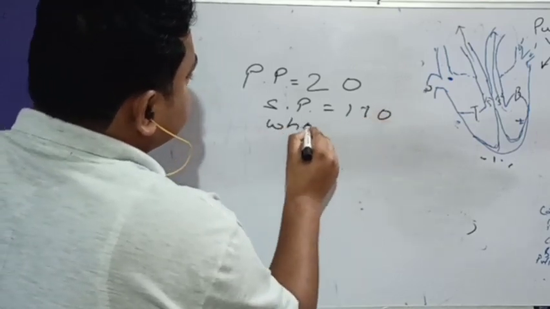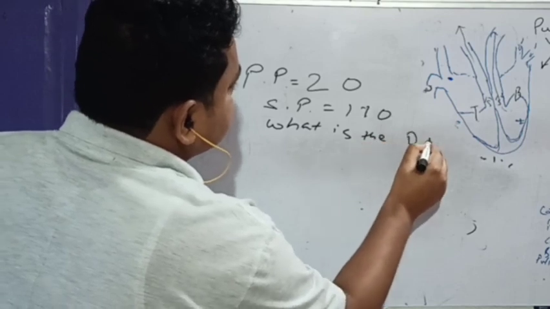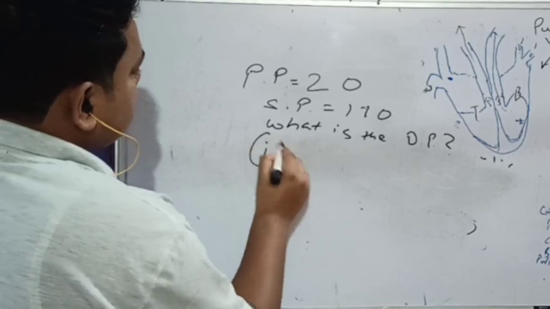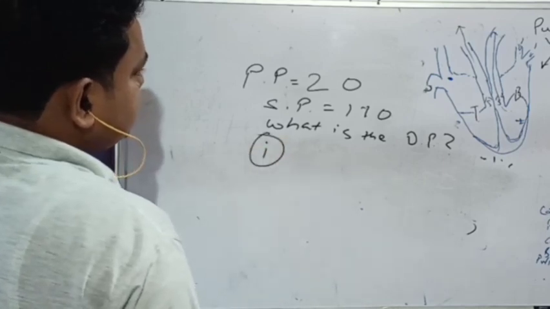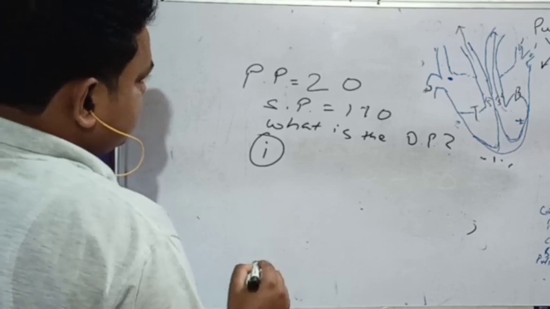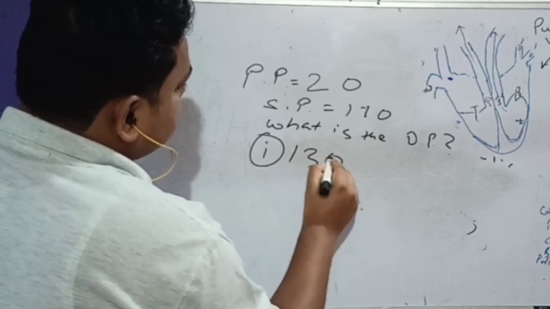What is the diastolic pressure? Question. Okay, option 1: 130 millimeter of mercury.